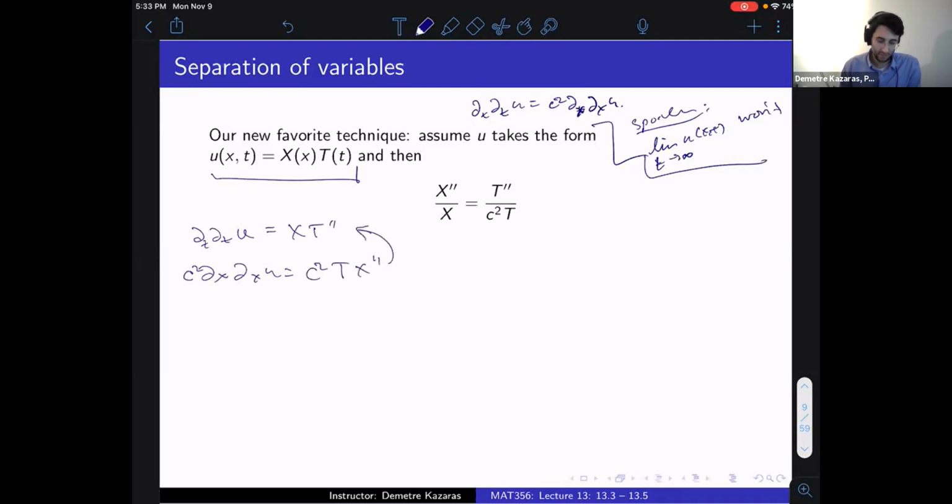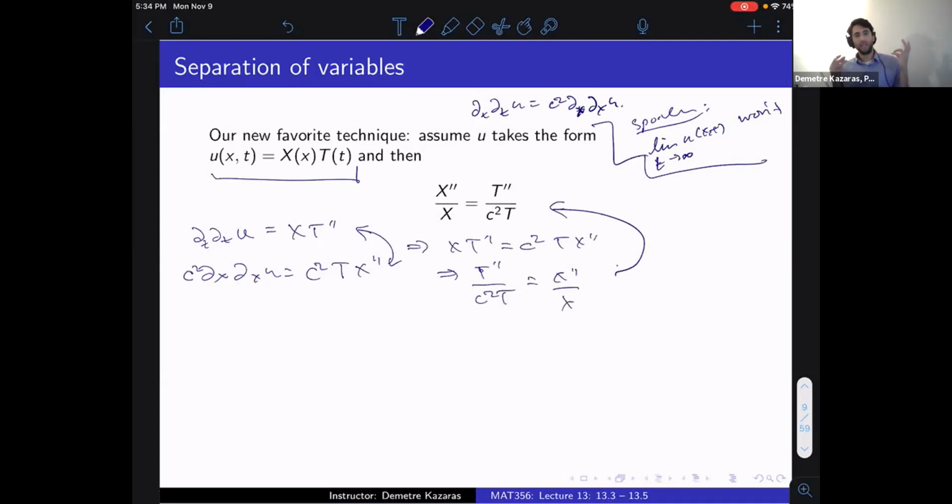Now these two things need to be equal by the wave equation. So x t double prime is equal to c squared t x double prime. You just divide by the appropriate stuff. You get t double prime divided by c squared t is equal to x double prime divided by x, which is what we just claimed.